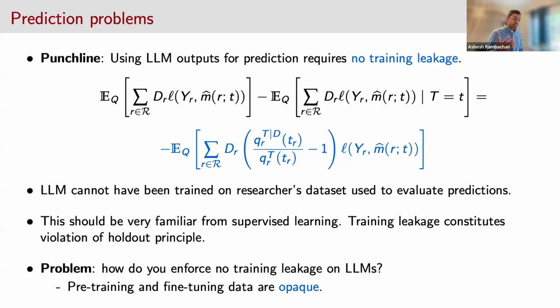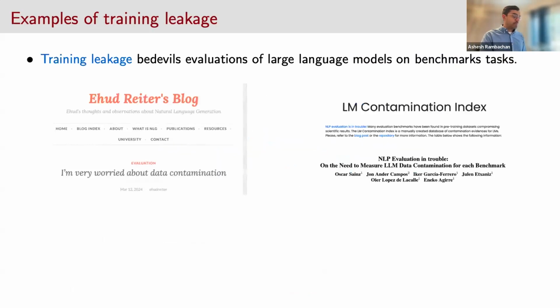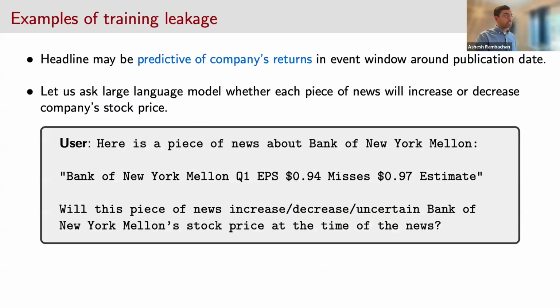So I think the core challenge is, in general, with out-of-the-box usage of LLMs, it's very difficult to rule out training leakage outside of very clear cases like look-ahead bias. Naive training leakage is a big concern in computer science on exactly the sorts of evaluations we talked about.